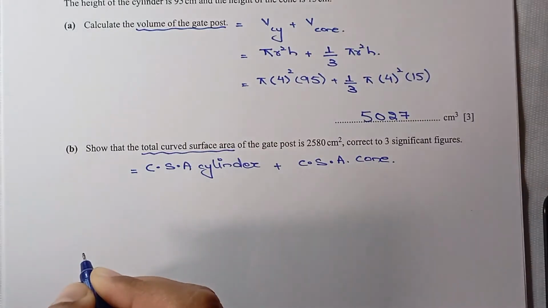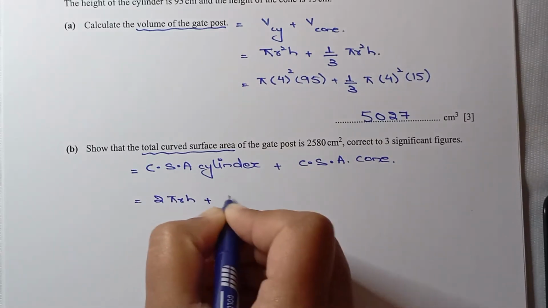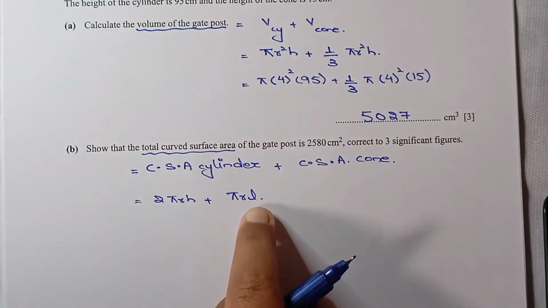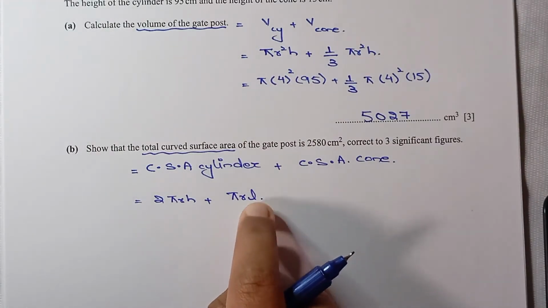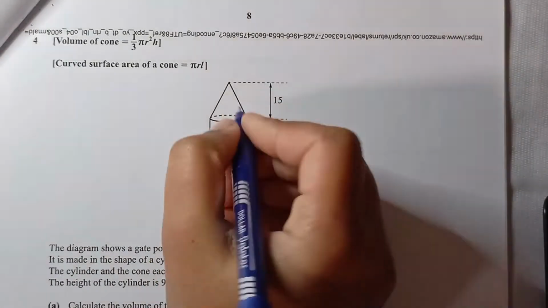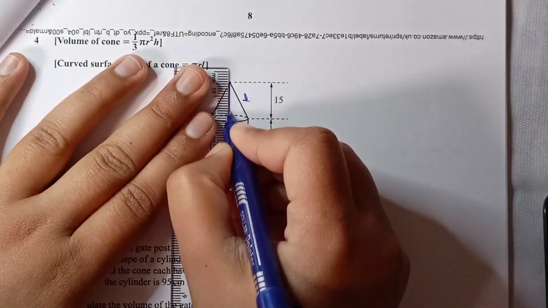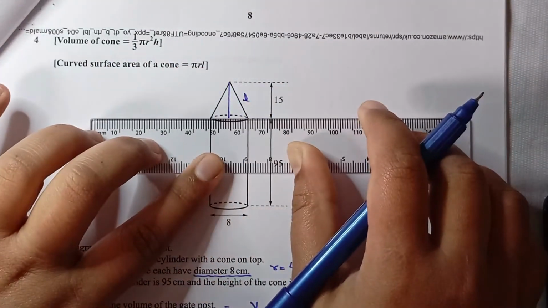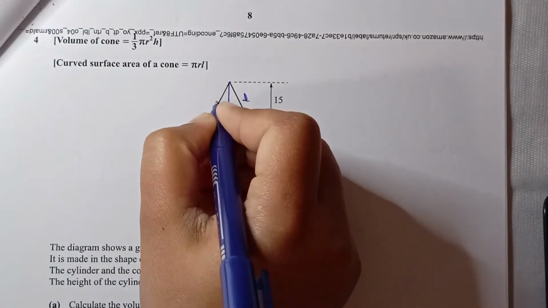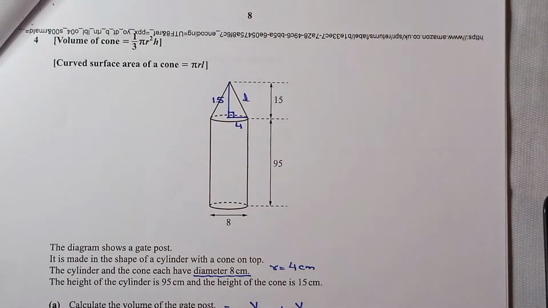The curved surface area of a cylinder equals 2 pi r h, and the curved surface area of a cone is pi r l. So we need to find the value of L, the slant height of the cone. Going back to the diagram, this would be L. This radius is 4 and this height is 15, so we can find L using Pythagoras theorem.